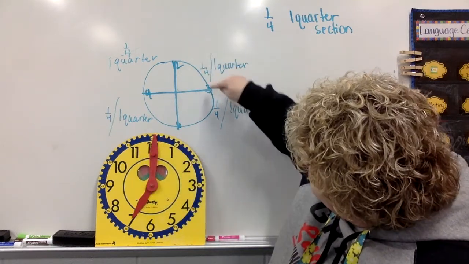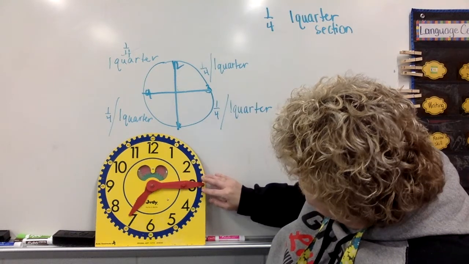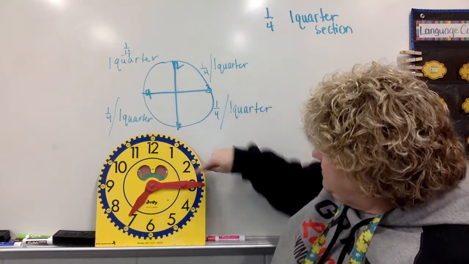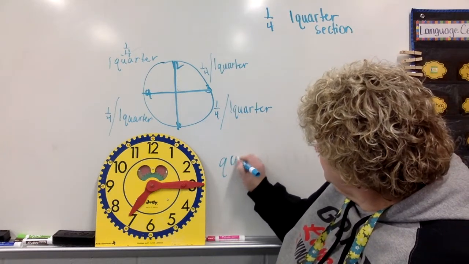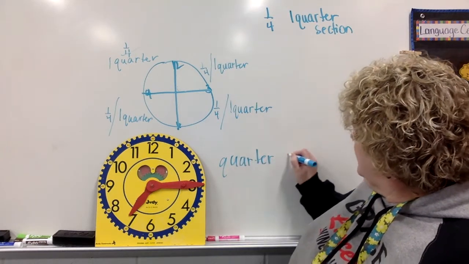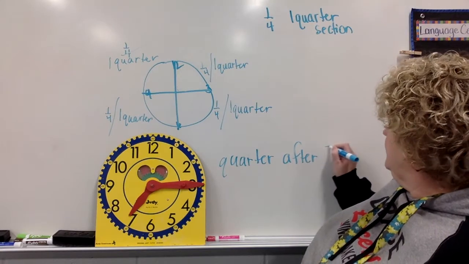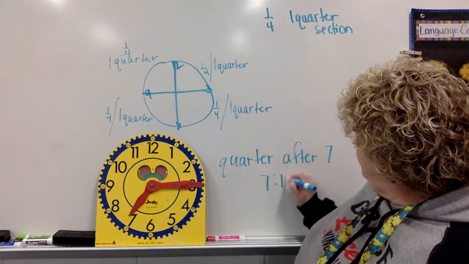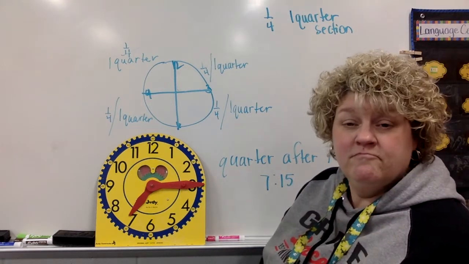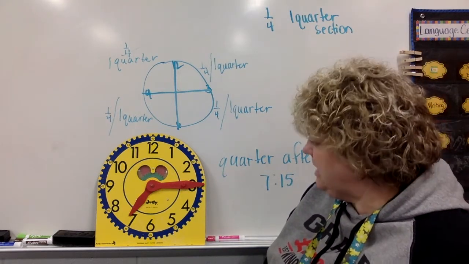We know the 3 is the first quarter. So we'd say 5, 10, 15. Yep, we're right. So a quarter after 7 is the same thing as 7:15. Pretty cool.